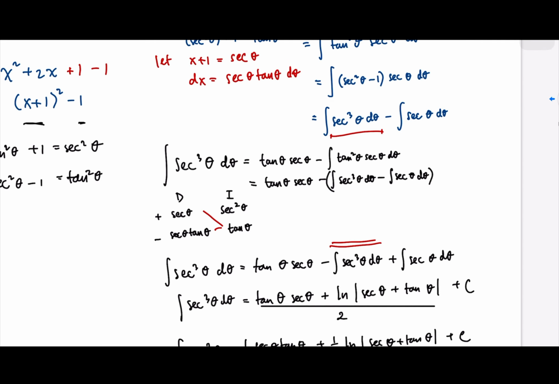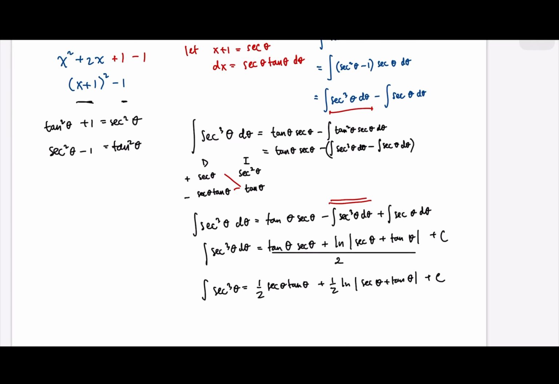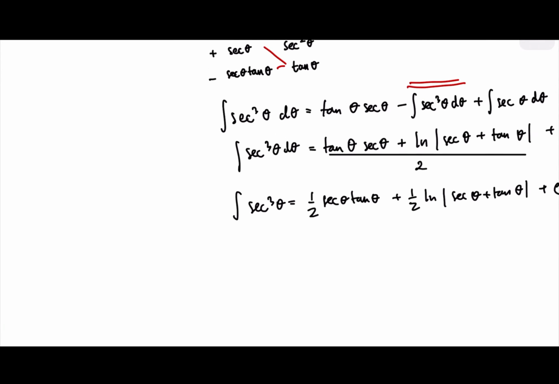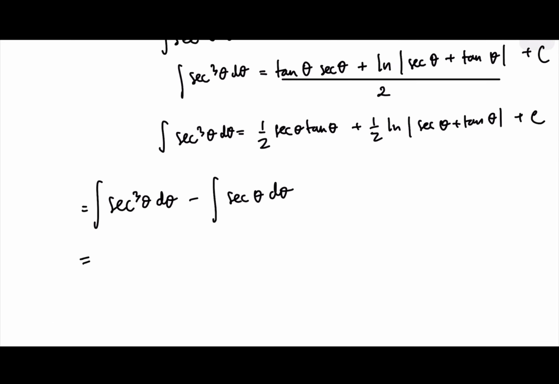Okay, this is secant cube. And then we need to minus with this, which is just a secant cube, right? We have secant cube theta d theta, minus secant theta d theta. The secant cube is this, okay?